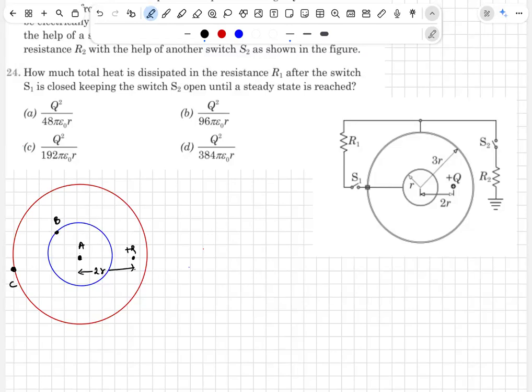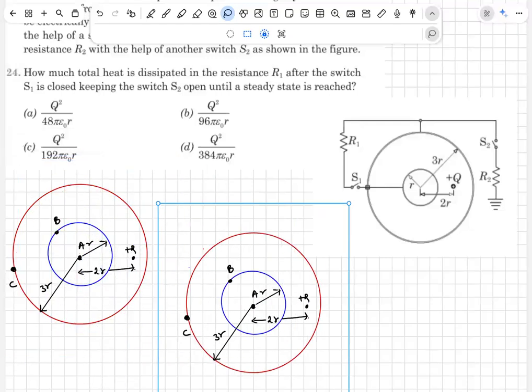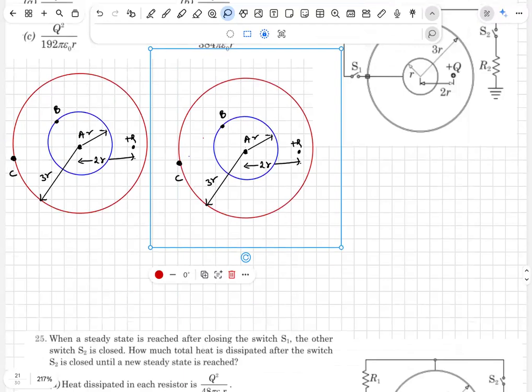Besides, this is of radius r and this is of radius 3r. I require this diagram three different times altogether, so I will take three different copies of the same.